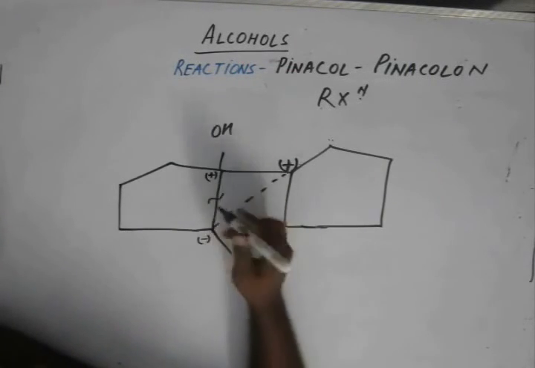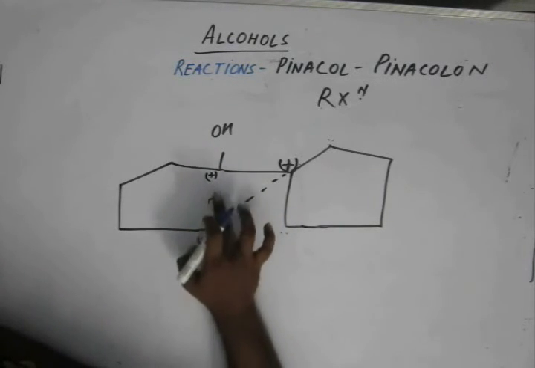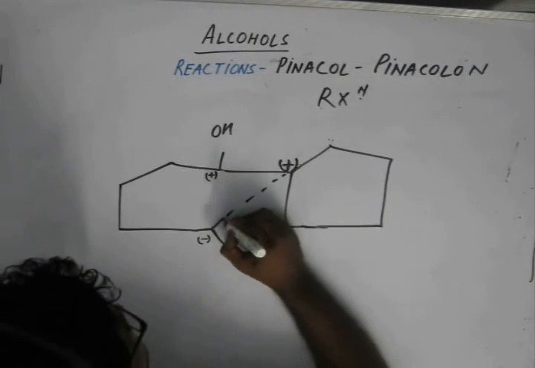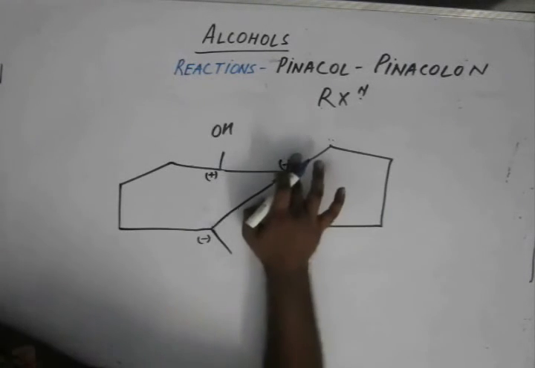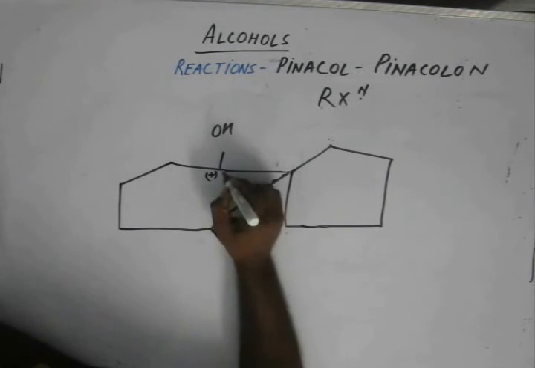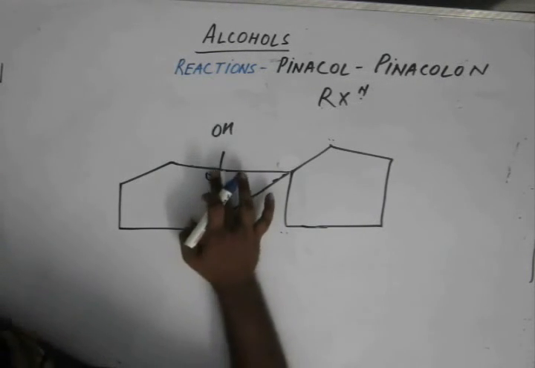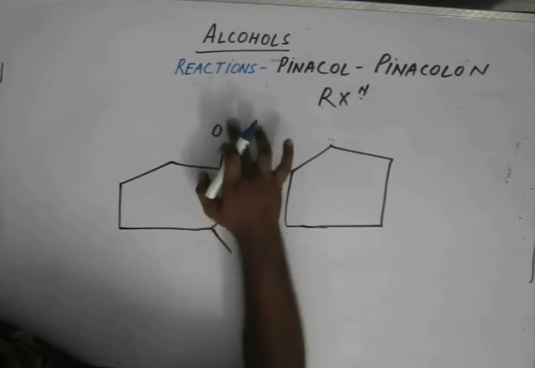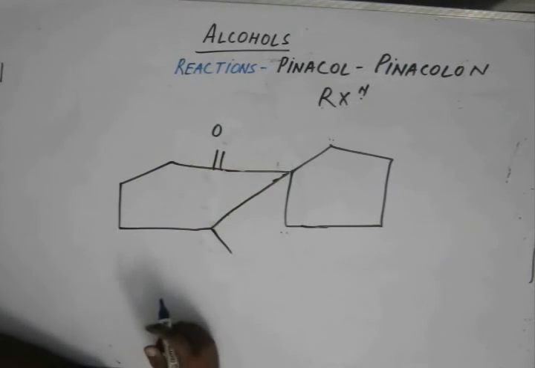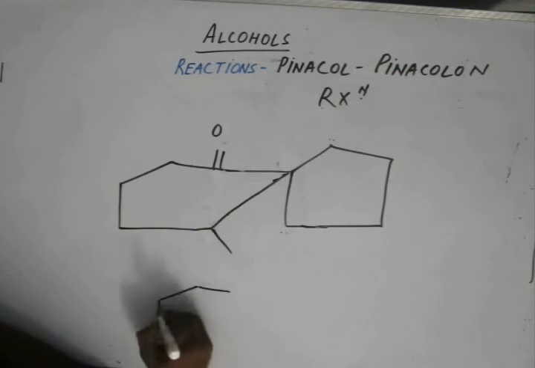Fine, we cleave this bond, this plus charge is removed, this minus is removed, and we get a carbocation like this. After that this carbocation is deprotonated and we get a ketone like this. So the final structure looks like this.